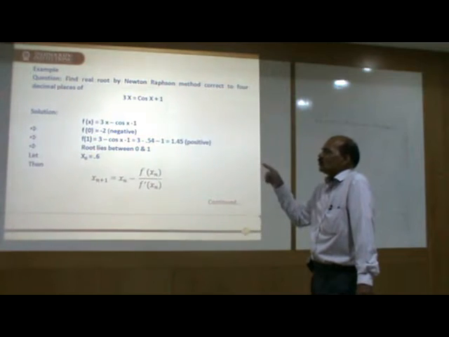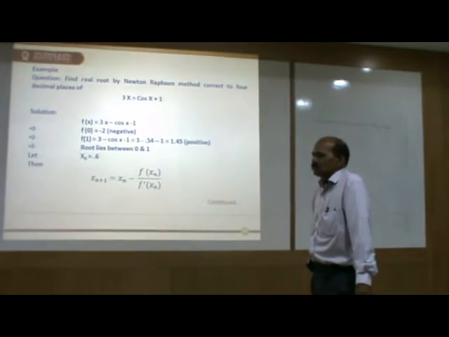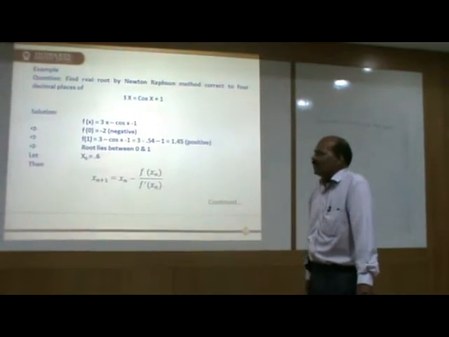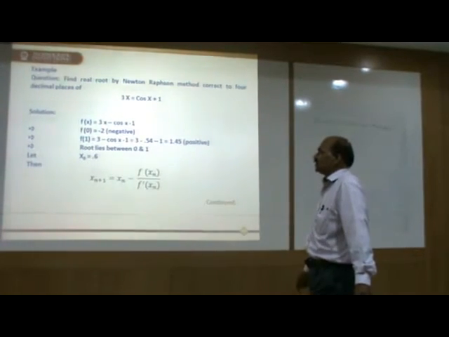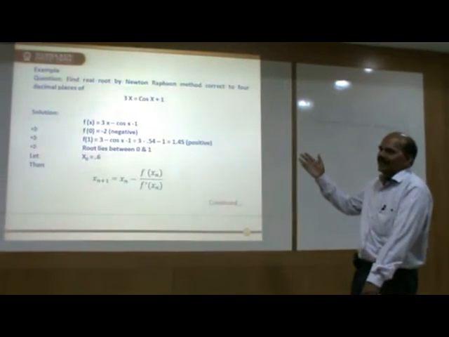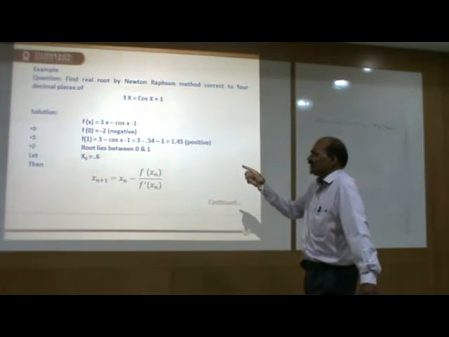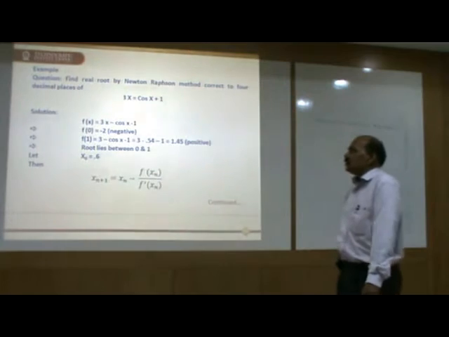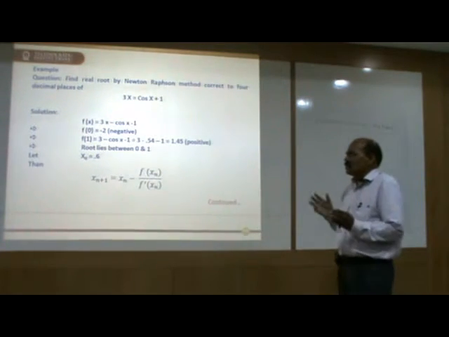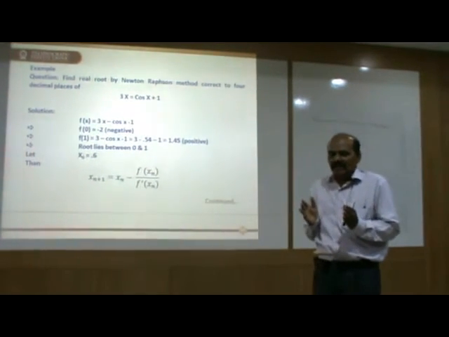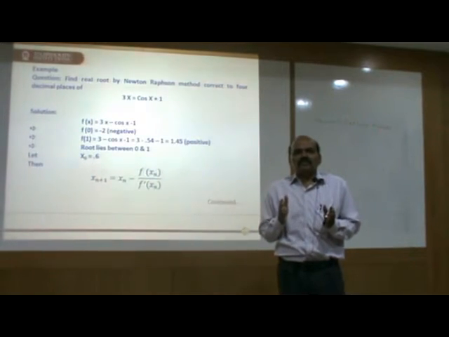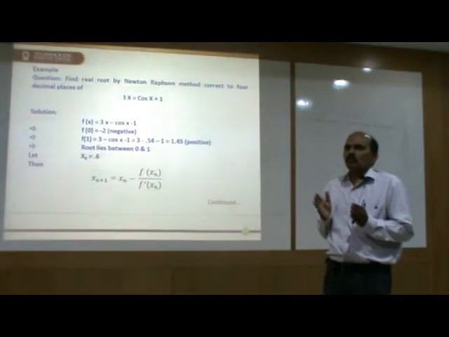Now at 0, the function value is minus 2. We have also taken another point. At 1, the value of the function is 1.45, as calculated and given in the PowerPoint presentation. So this indicates that the root lies between 0 and 1. Now the interval is 0 and 1. We can take the initial approximation within this interval from 0 to 1.